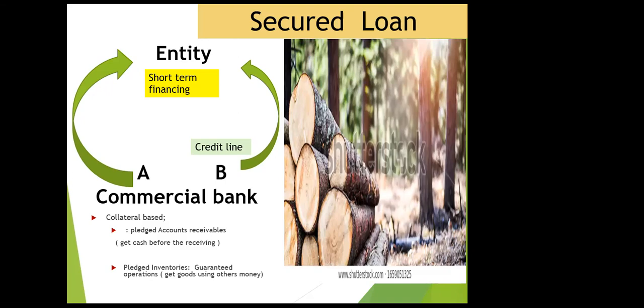For an entity that is into producing goods, they sell maybe things on credit, and then wait for a month for them to get those monies. Okay, so once those goods are sold on credit, on the balance sheet, those are recorded as accounts receivable.